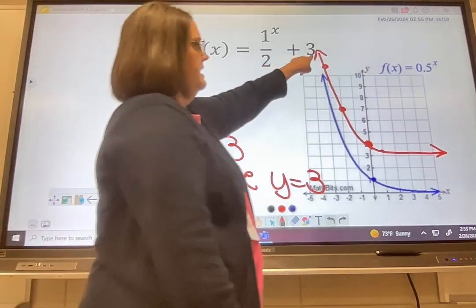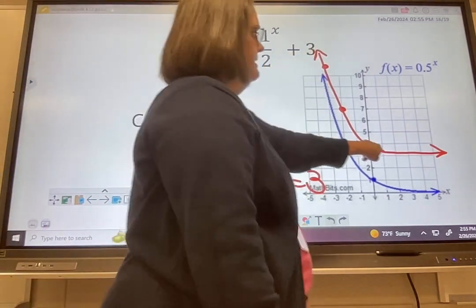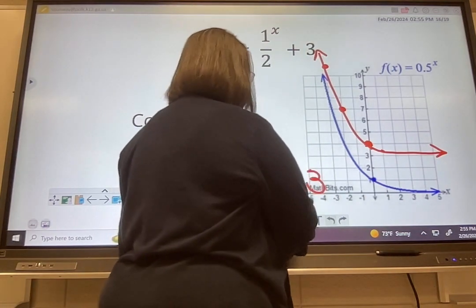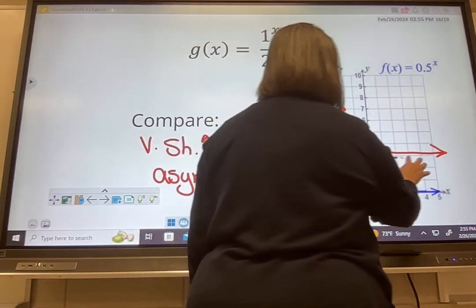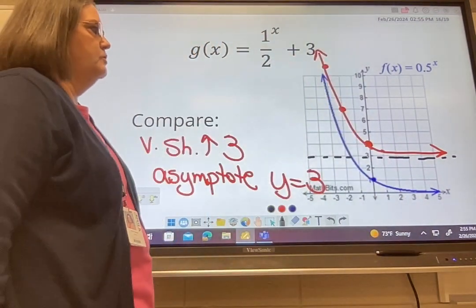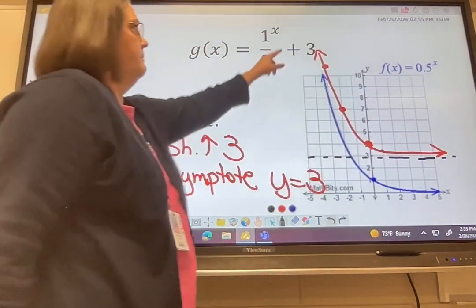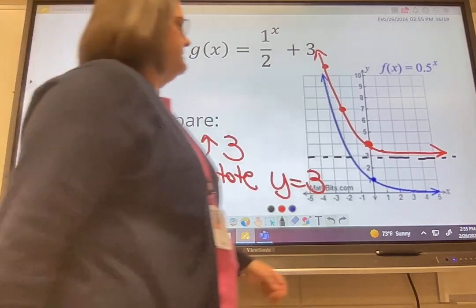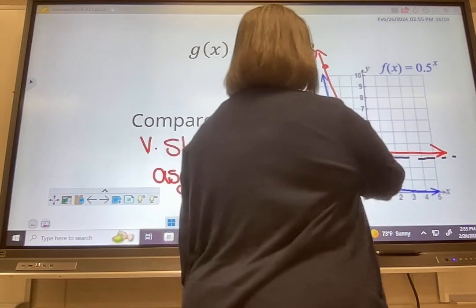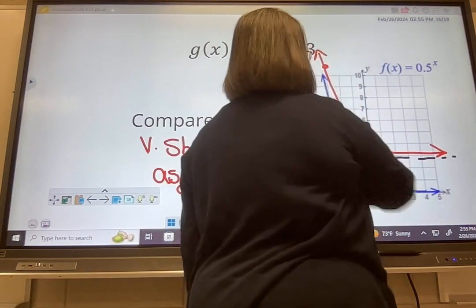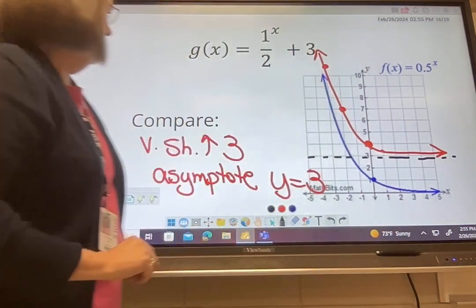This number on the end is going to be the dashed line, the part that you're going to approach but never cross. Exponential functions have a place that they approach but never cross, and that's going to be that part there. But this is shifting it up 3. You just find points on the graph again, shift them up 3, just find yourself a corner, count up 3, and make your new graph.